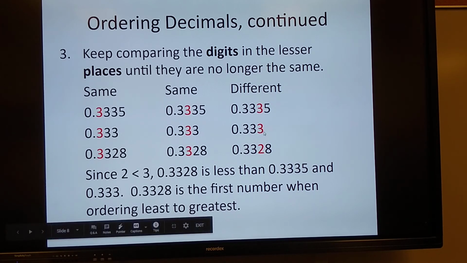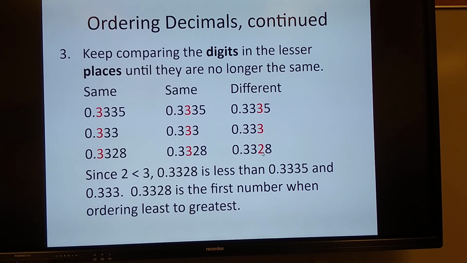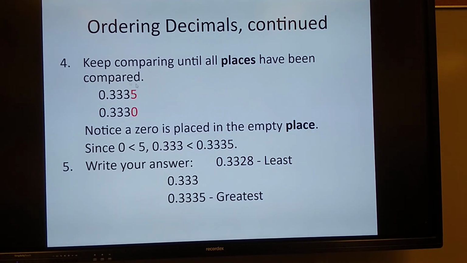I found my smallest number. This is my smallest number. So when I list them, this is going to be first. Now I've got to find out what's going to happen with these two. But I'm going to have to go to the next place because the 3 and the 3 are the same. Keep comparing until all places have been compared.